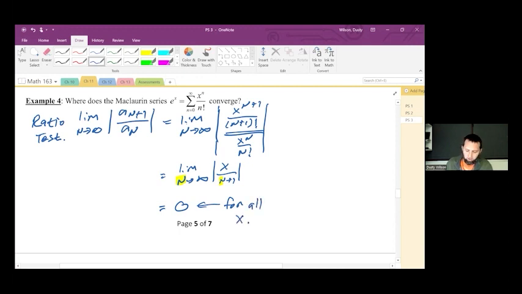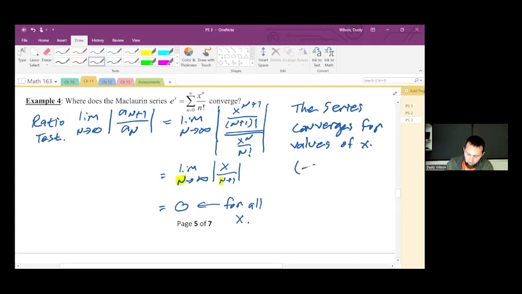So that tells us that our series converges for all x, for all values of x, that is from negative infinity to infinity.